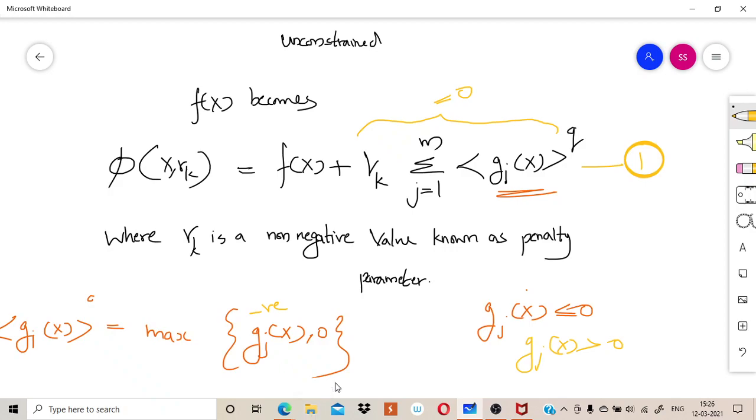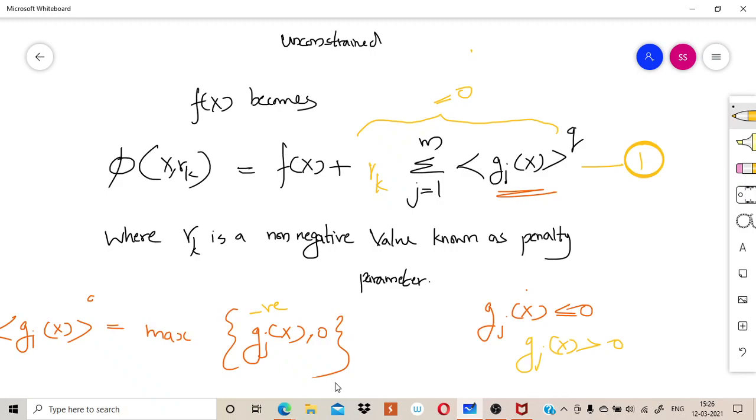That means if the constraints are violated, then the objective function has to pay the penalty for that. So how much the penalty is, is decided by this rk value as well as this q value.